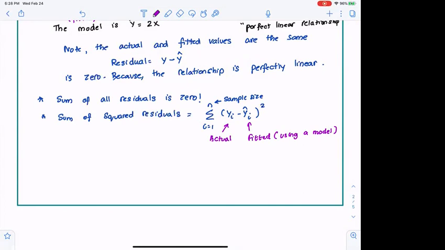And what we're trying to do is minimize the sum of all the squares. In other words, we're going to minimize the error. So in simple terms, what I've written here is the total error in computing the fitted value.